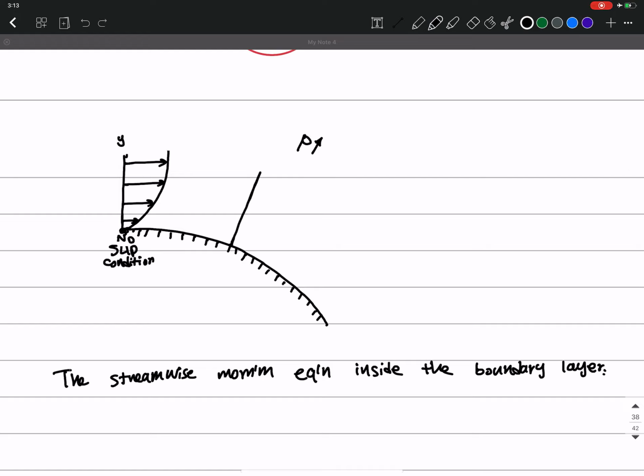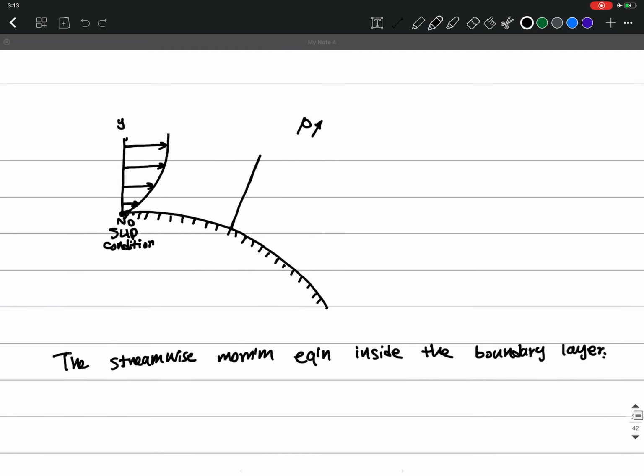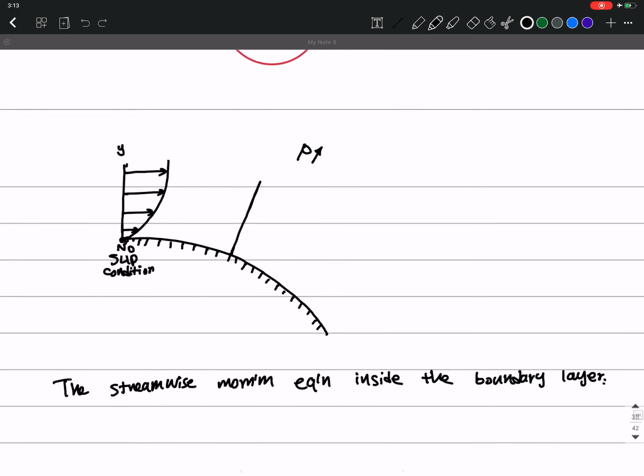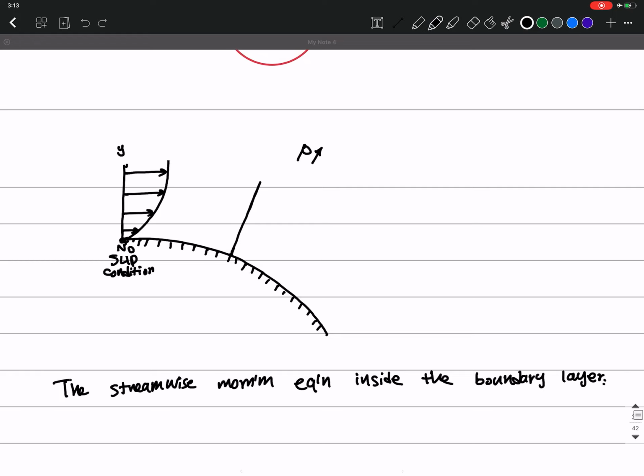So if you write the streamwise momentum equation along a streamline or a streamwise direction, say, away from the streamline, we can have something like this.